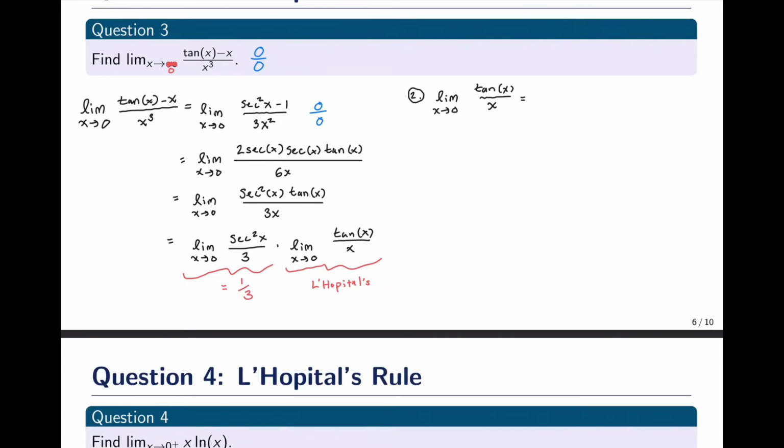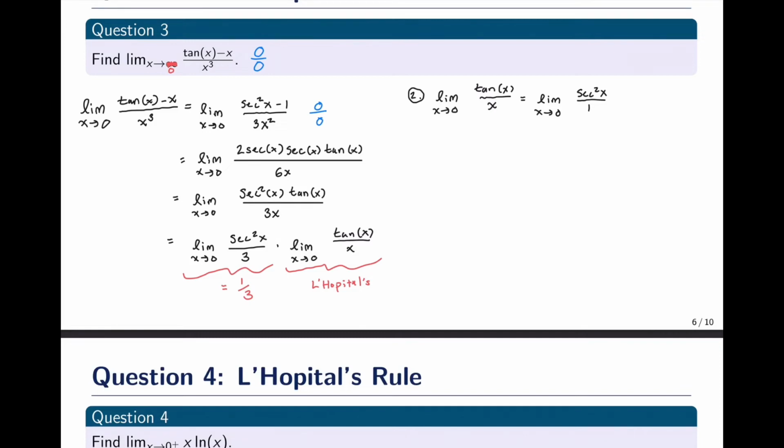So let's go ahead and apply L'Hopital's rule. Derivative of tangent is secant squared. Derivative of x is 1, right? And this is usually the end goal whenever I see something in the denominator that looks like x cubed or x to whatever value we're looking at. All right, when I take enough derivatives, eventually it's going to go down to something that is a constant.